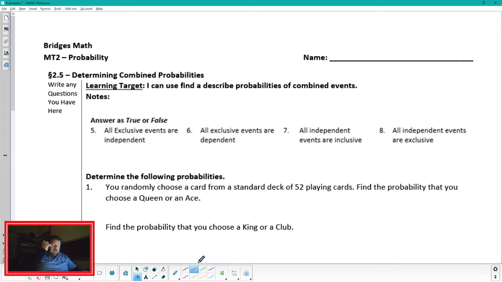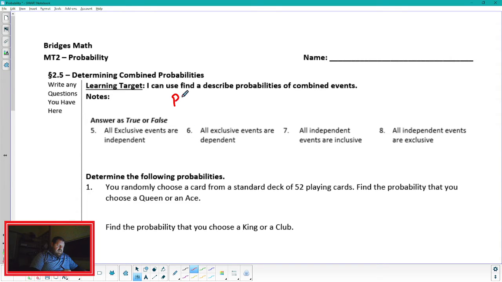The first thing I want to look at are the problems from the day before, the last four problems. What these really come down to is, what does it mean to be exclusive and independent? Because those are the main questions here.